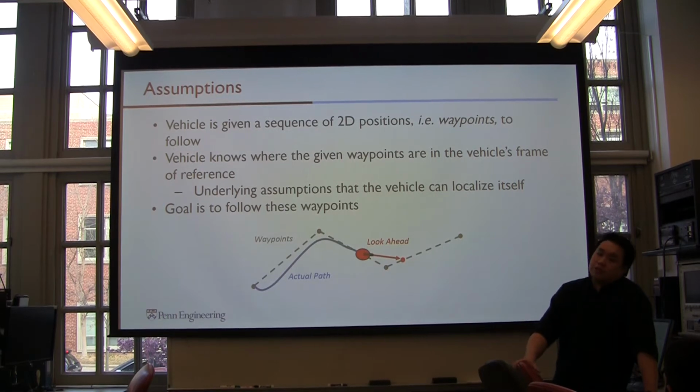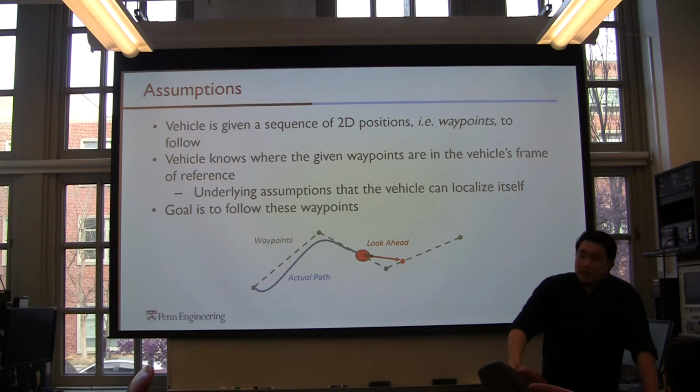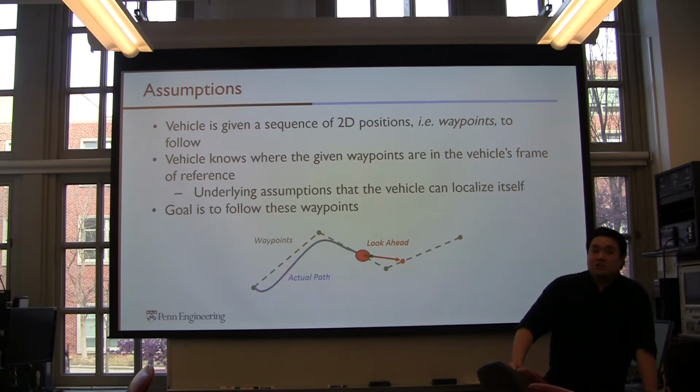So the underlying assumption is that given a set of waypoints in global coordinates, you can localize your vehicle and then transform them into your local coordinates. So this is where the cartographer and particle filter from last week come in. And then lastly, our goal is just to follow these waypoints. All right, any questions?